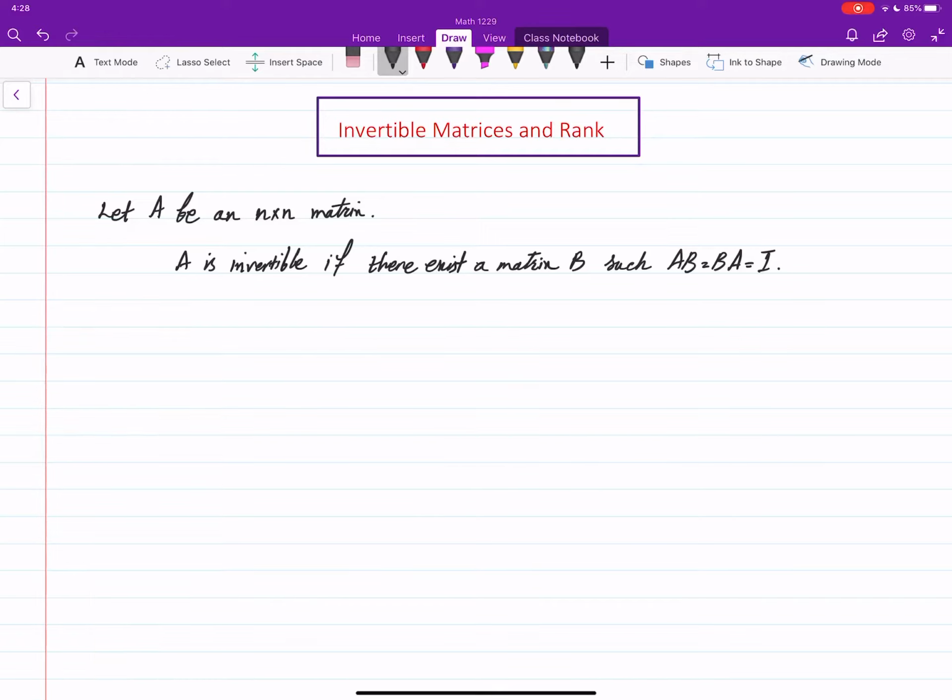We studied this in detail and we saw that this is the same thing as saying that if we row reduce this, the row reduced echelon form of A would have n leading ones. In other words, the row reduced echelon form of A is the identity matrix.